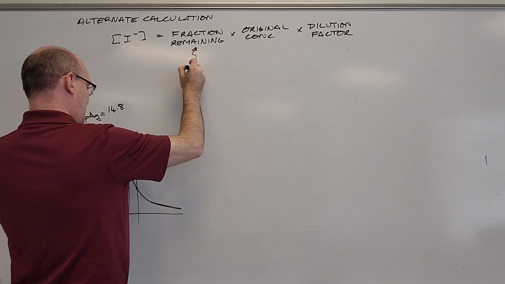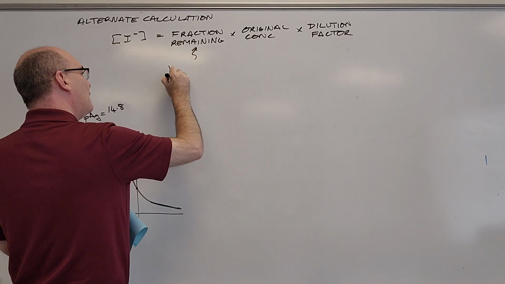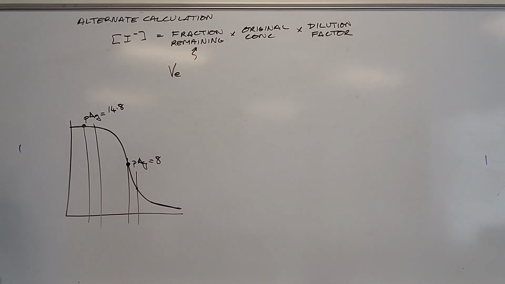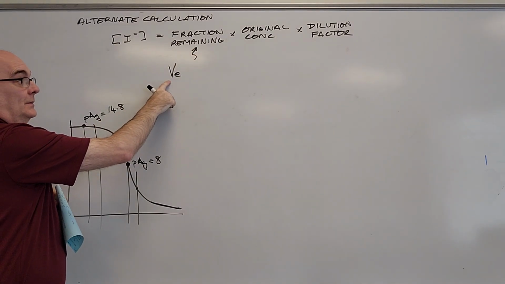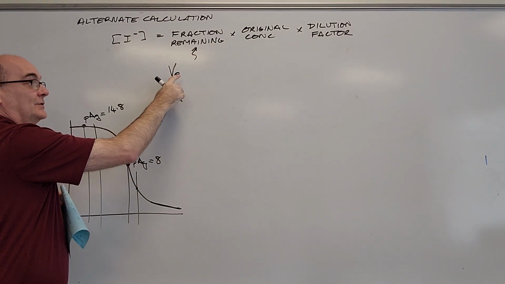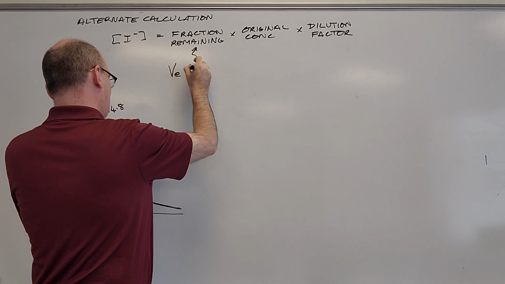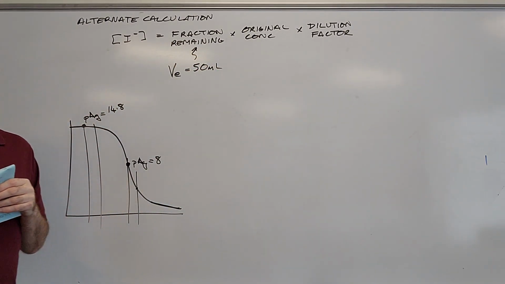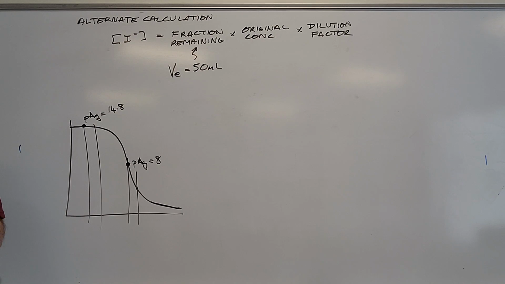Let's look at this. The volume at equivalence, capital V equivalence, was 50 milliliters. We learned that from M1V1 equals M2V2.